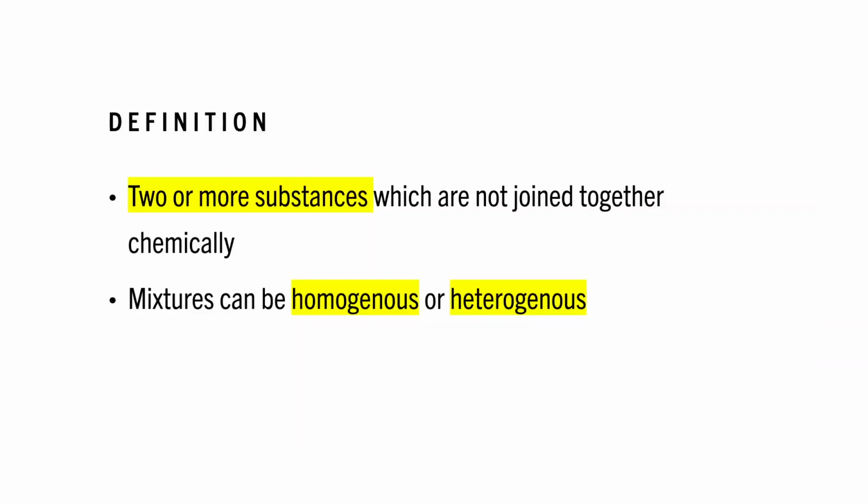Mixtures. What is a mixture? Mixtures are when 2 or more substances which are not joined together chemically come together and form a new substance. So let's say you put sugar in water. All you have to do to mix them is stir it, correct? Yes. So they're not joined together chemically.